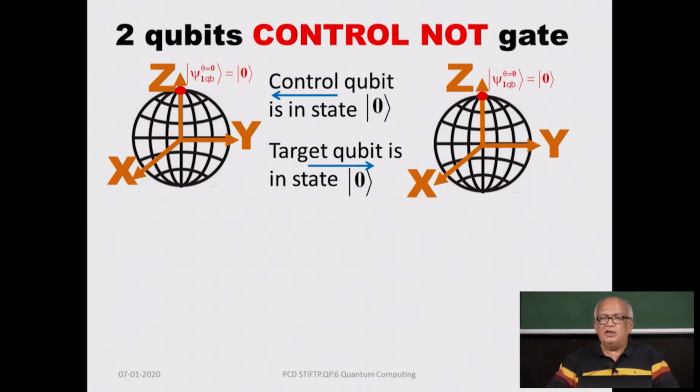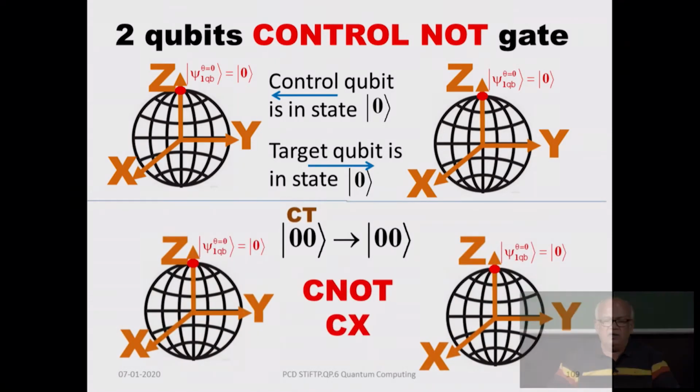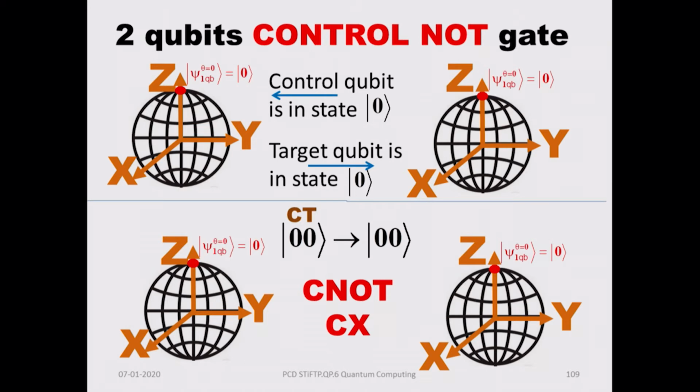So, in this case the control NOT gate will do nothing, right. It will give you from the 0 0 a new state which is also the 0 0, the same as the previous one, because the condition that the target undergoes a NOT operation is not met. Okay, so both remain at the north pole.